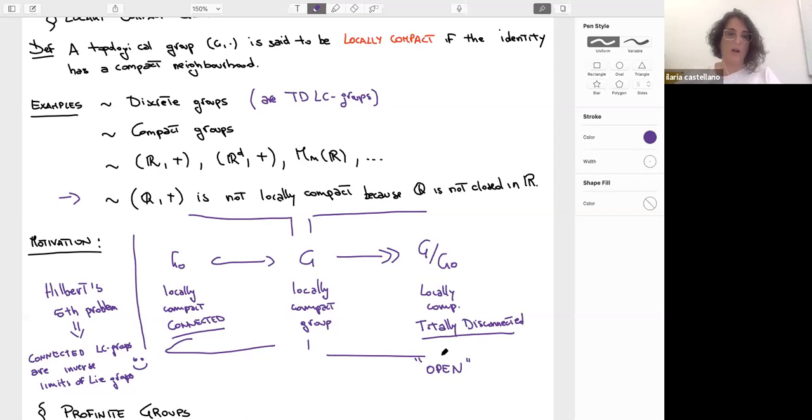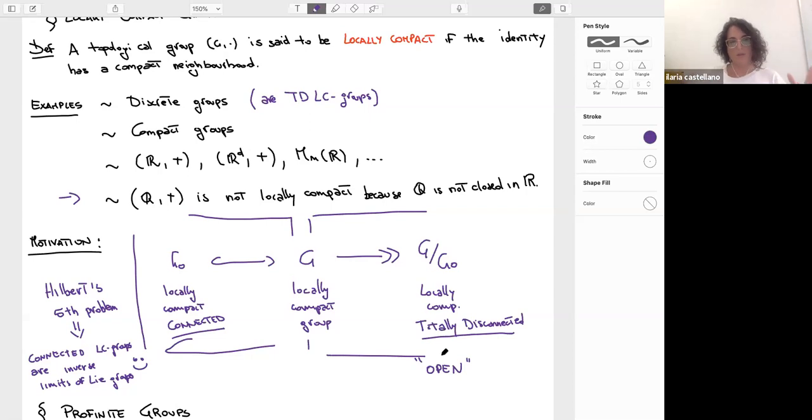So there is hope to be able to, I don't want to say classify because it's not the right word, but to reach a deep understanding of the structure of these groups. But a lot of work is still needed.